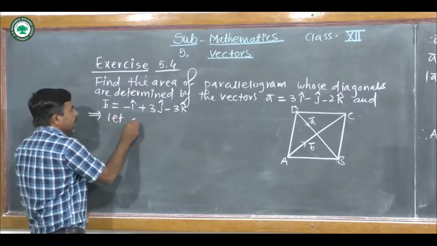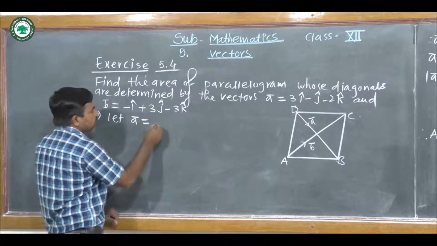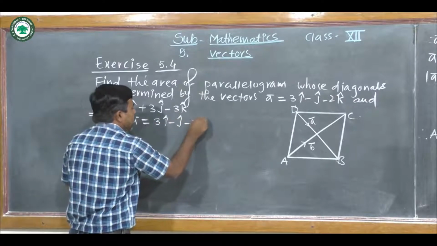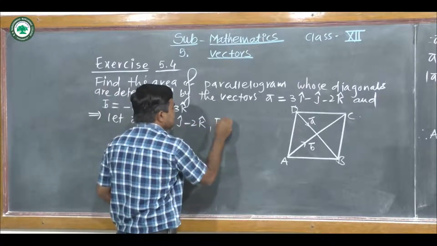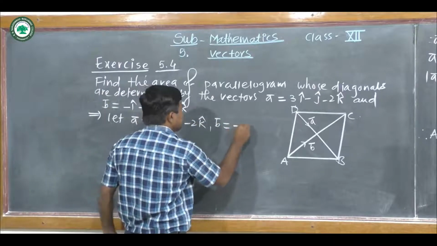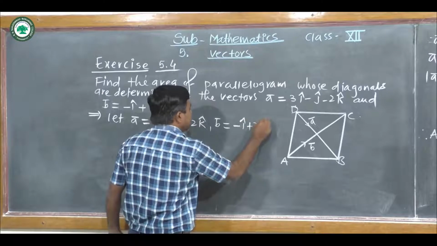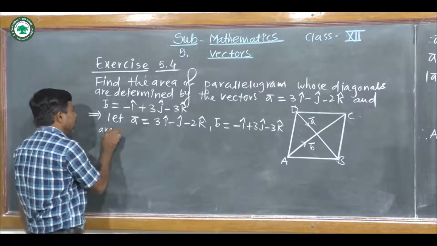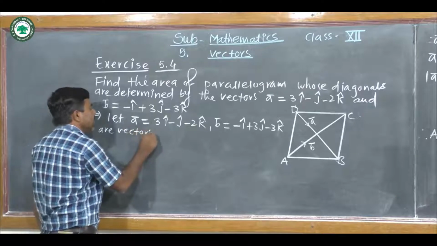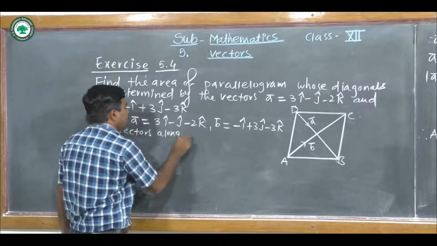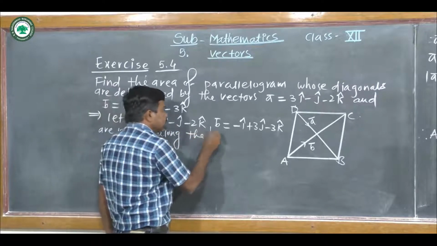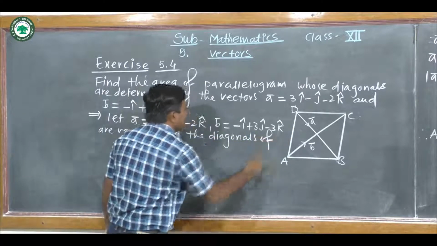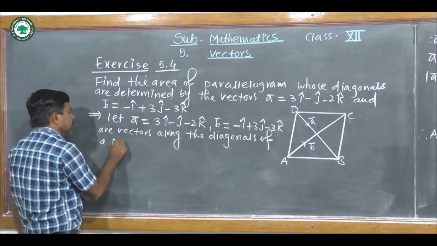Let A bar be equal to 3i cap minus j cap minus 2k cap, and B bar be equal to minus i cap plus 3j cap minus 3k cap, which are vectors along the diagonals of a parallelogram.